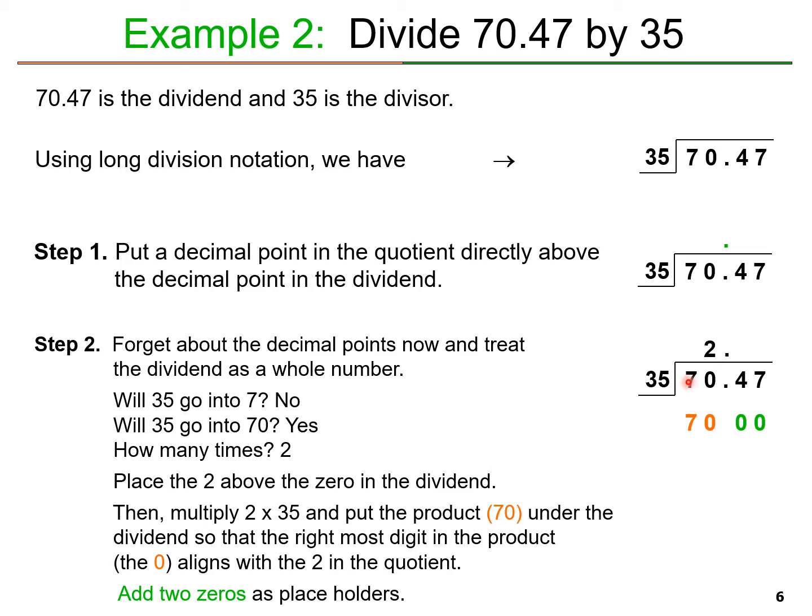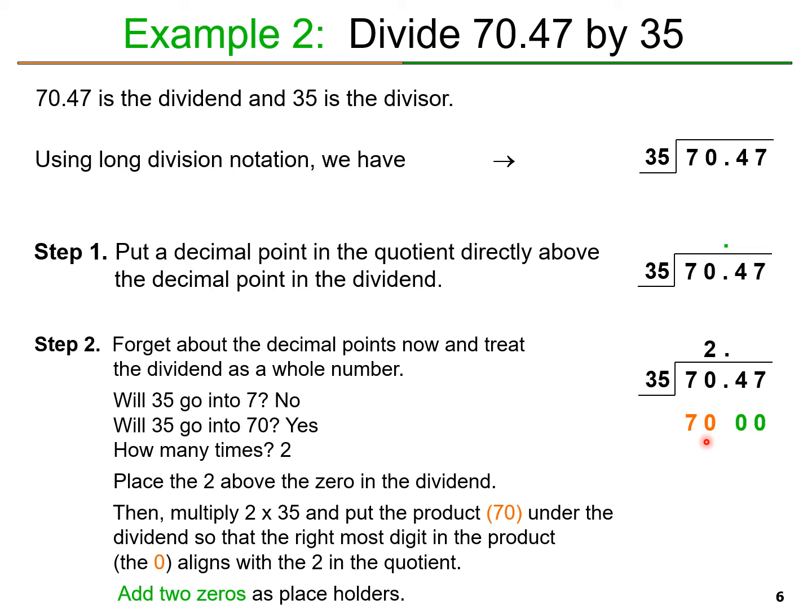Will 35 go into 7? No. Will 35 go into 70? It most certainly will, because 70 is larger than 35. How many times? 2. Place the 2 above the 0 in the dividend. So put the 2 right here. Then multiply 2 times 35. 2 times 35 is 70.